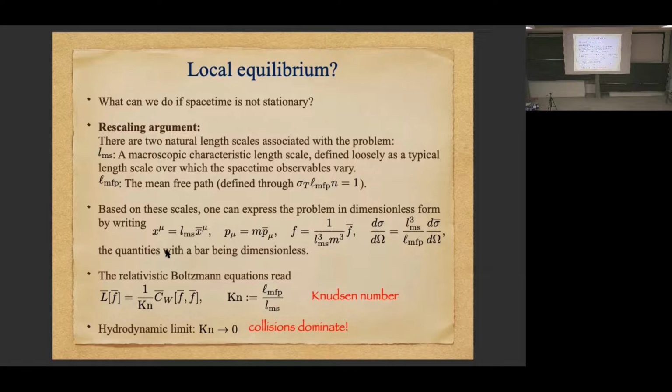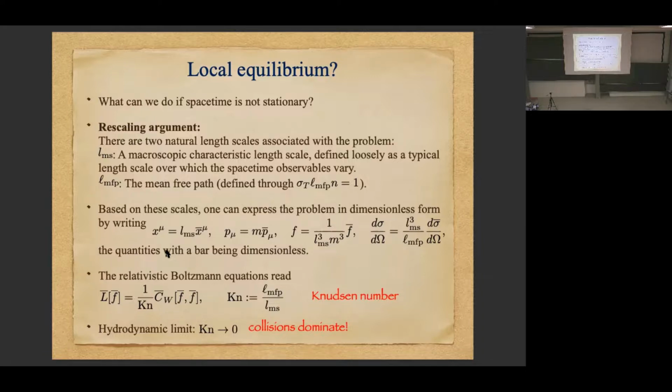So all these quantities with a bar are dimensionless now. F has this dimension here, so here you use also the macroscopic length scale. And based on this definition, n has a 1 over L cubed, which comes from the macroscopic length scale. And then you see that this should scale like this. Okay, and now all these quantities with a bar are dimensionless.